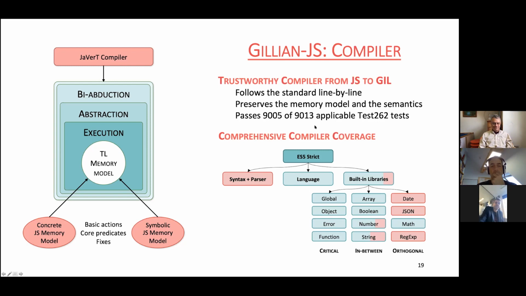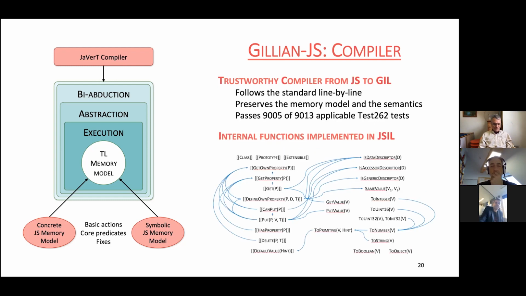It passes the applicable tests, bar a difference in how we work with strings between OCaml and JavaScript. That's the difference there. We've got big coverage, and we implement the internal functions in GISL. This is for the people who are specialists on JavaScript.